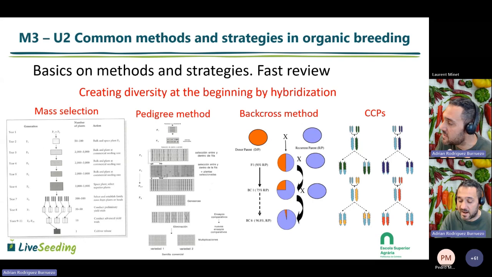And then these double hybrids will be used as a starting point, a segregating diversity population, to start my breeding program. Okay? This is the only difference. Composite cross population comes not only from just one hybrid combination, but from several to start the breeding program.